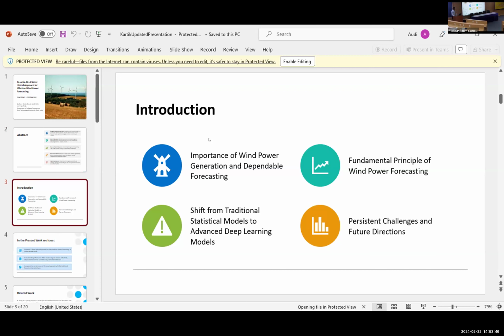In recent times, there has been a shift from traditional statistical models to advanced deep learning models. But still, there are various challenges in this field, like uncertainty in weather prediction and various other inaccuracies due to sensor measurements. So our research is a stepping stone for future advancements in this field.